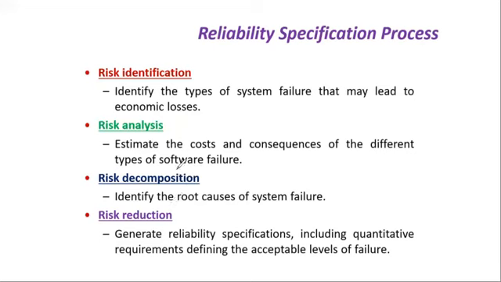Then risk reduction means when you know what is the cause that the system is failing, you're going to identify and try to avoid those types of errors. That is, generate reliability specifications and define acceptability levels of failure. That is, if a specific file is not being executed, how much is your level of acceptance? So that's your reliability specification process.